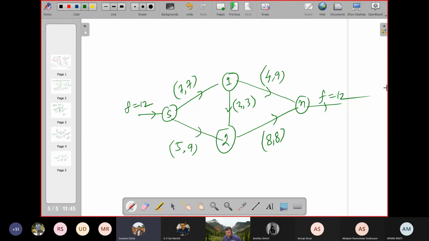We can actually reduce the flow, and if we do that, we have more capacity left in the 2 to n edge. If instead of flowing S to 1, then 1 to 2, and 2 to n, we take S to 1 and 1 to n directly.